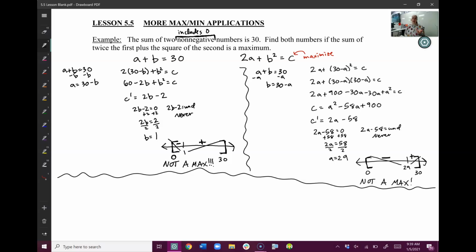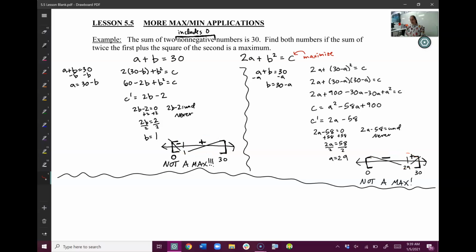Now, if you remember back in chapter 3 or 4, when we talked about absolute maximums, and we took all the critical numbers and the endpoints, and we plugged them all in to see which gave us the biggest answer. And whichever answer was the biggest, that was our answer. That was the absolute maximum. So what this is telling us right here is if we want to maximize this, there are no maximums in the middle of the number line.